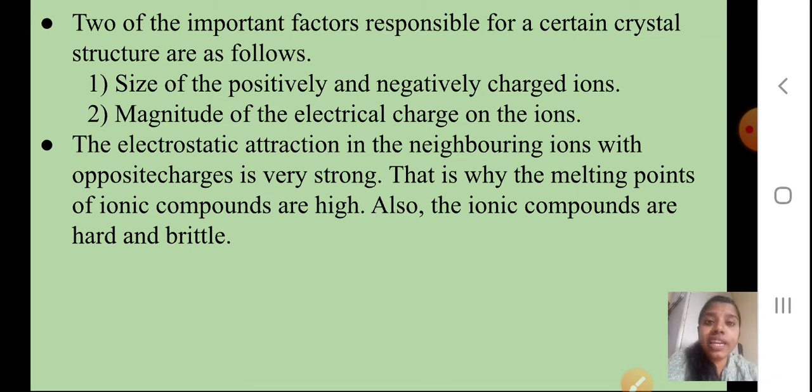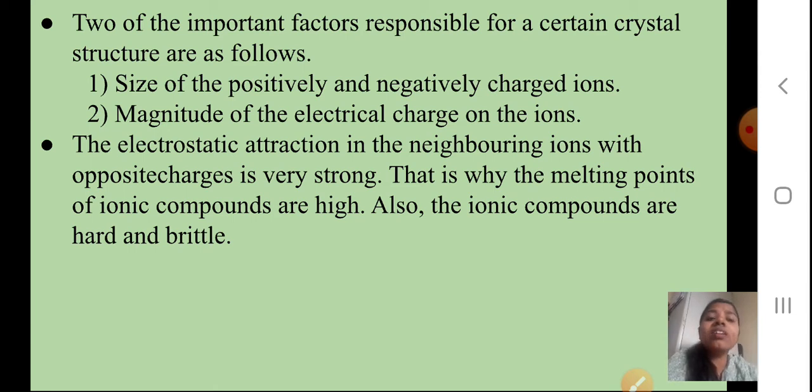Second, the magnitude of the electric charge on the ions, whether it is giving away 2 electrons or 1 electron, like Mg2+. So it depends upon the magnitude of the electric charge on the ions.